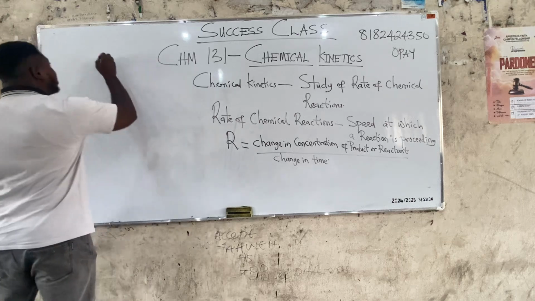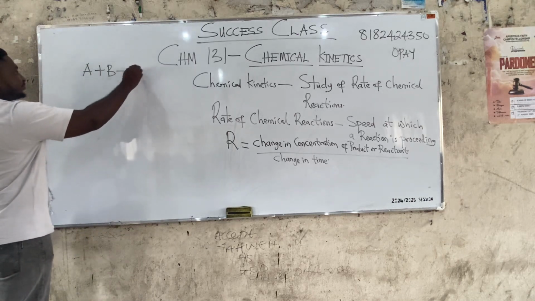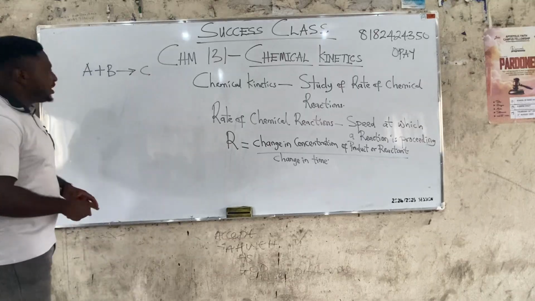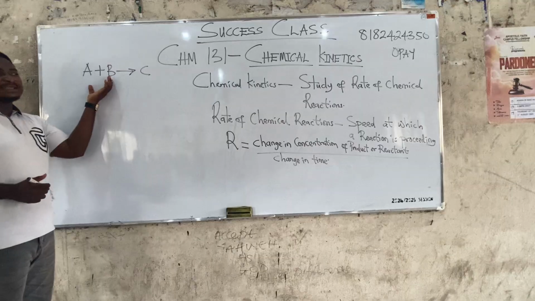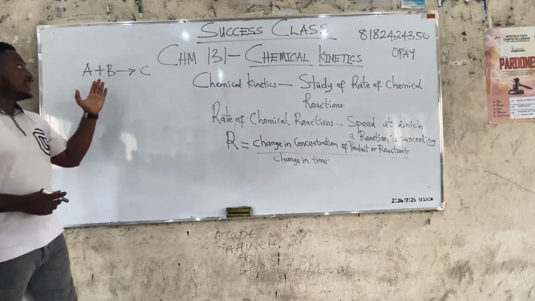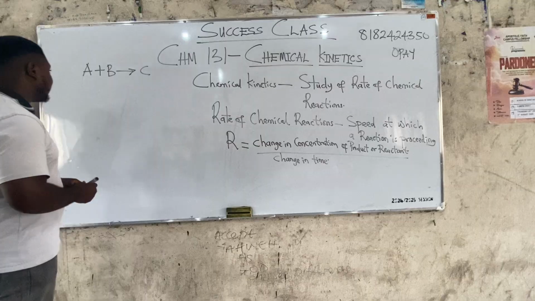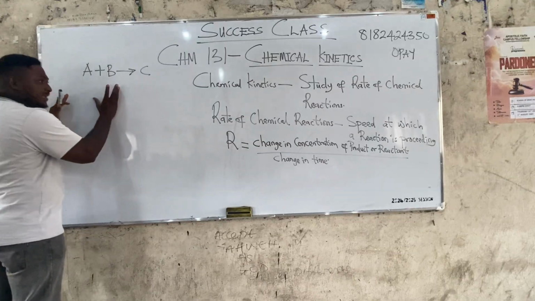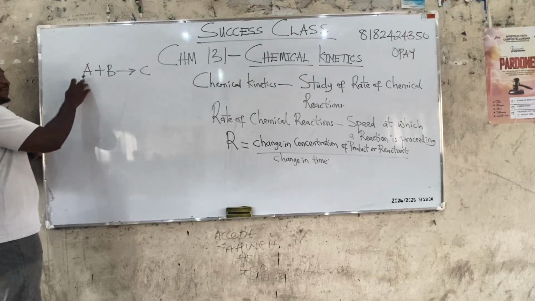if we have a reaction A plus B to give C, obviously we all know by now that the left-hand side of the reaction represents the reactant side, and the right-hand side represents the product side. Class, before the reaction started, we take account of the initial concentration of the reactant.